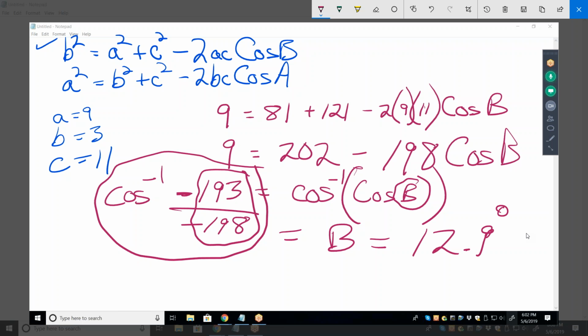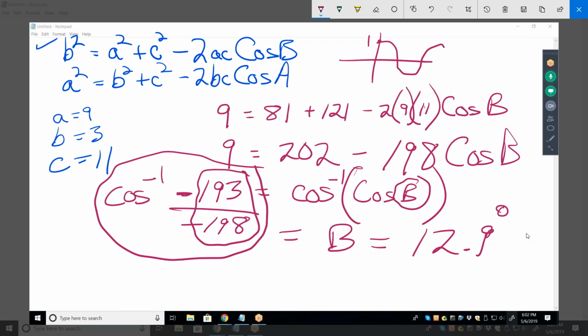Here's the curve of cosine. So even though I go up to 12 degrees, I'm still going to have a pretty high number, which that 193 over 198 is. That's like 0.96 or something.